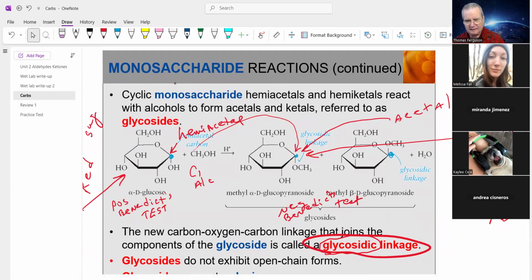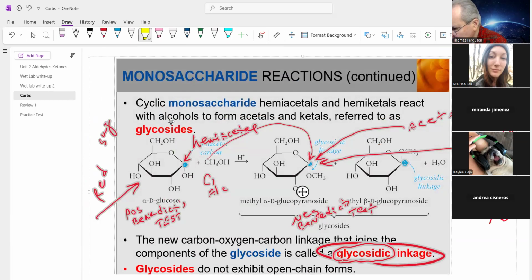Now, the interesting thing about this here is when this is a hemiacetal over here. OCO, OCO. So when you add an alcohol to a hemiacetal, it goes to the full acetal. So this is an acetal over here in the middle. This is a hemiacetal on the left.